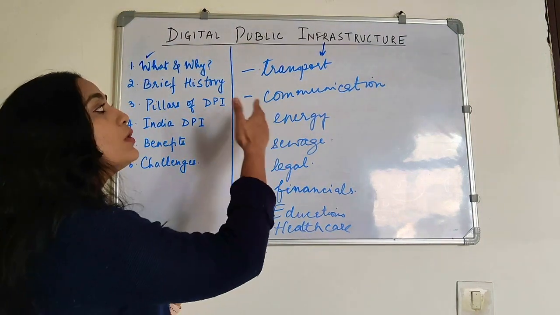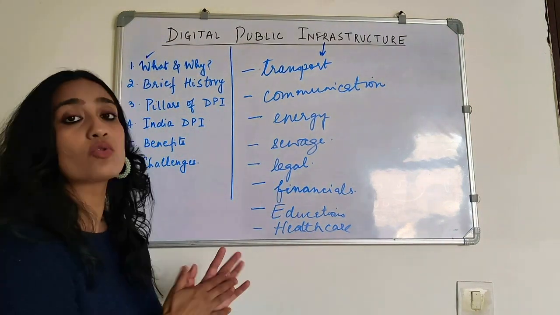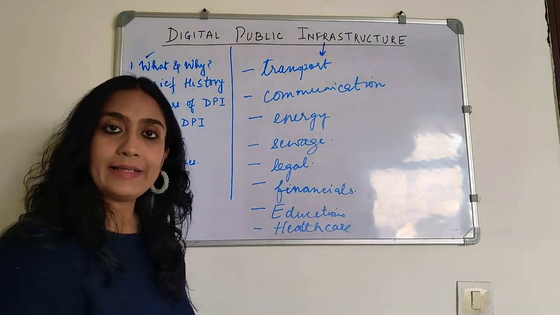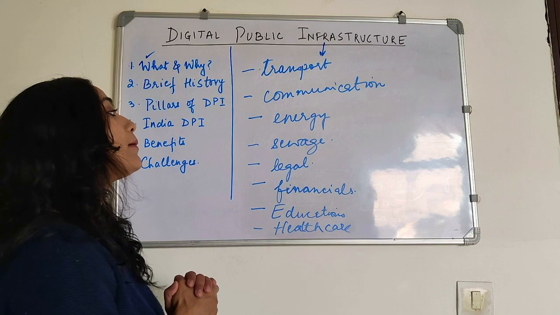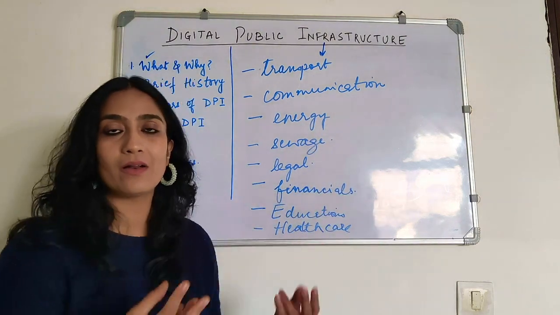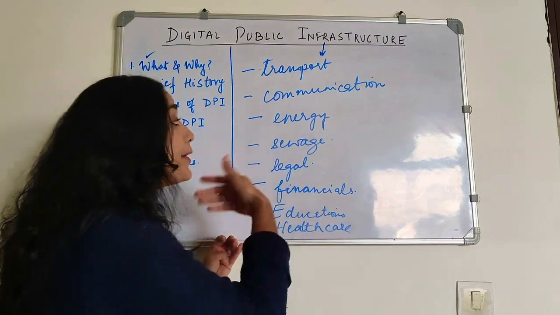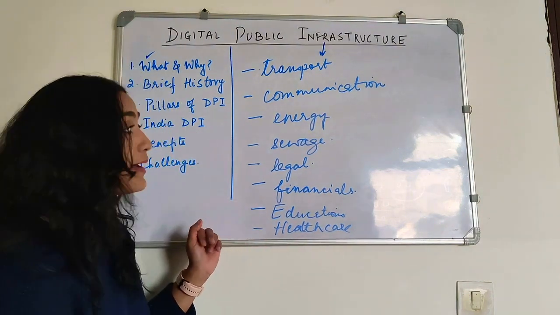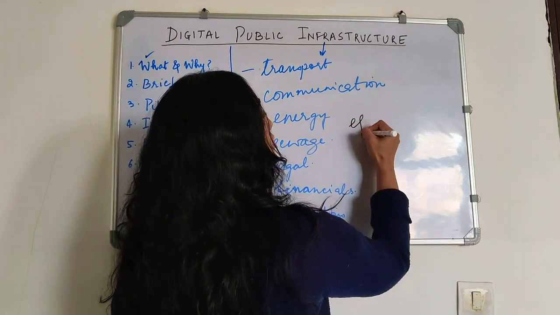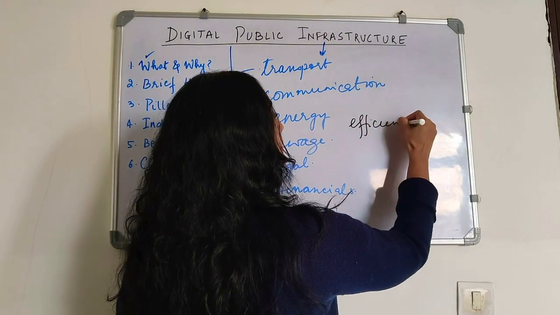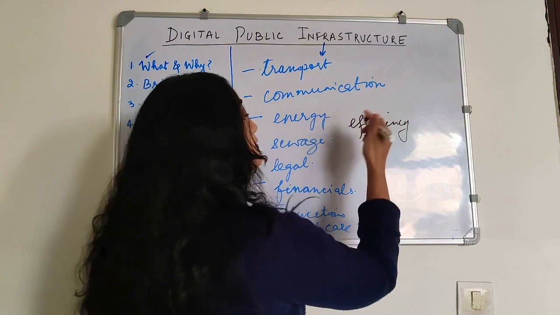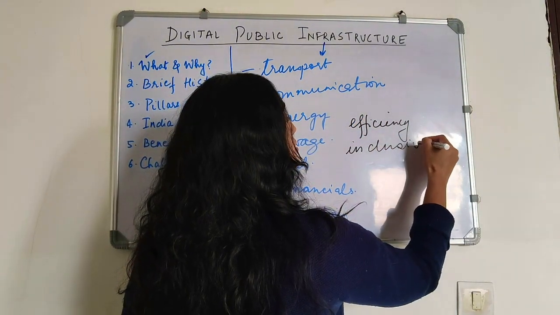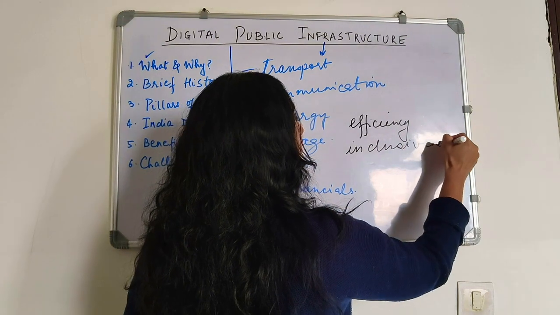So these help you move from one place to another, to commute, to work, to learn, to live a healthy life, to enjoy a particular kind of lifestyle, to earn or to expand your trade. And it also helps you to do all of these things efficiently and also leads to inclusiveness, right?